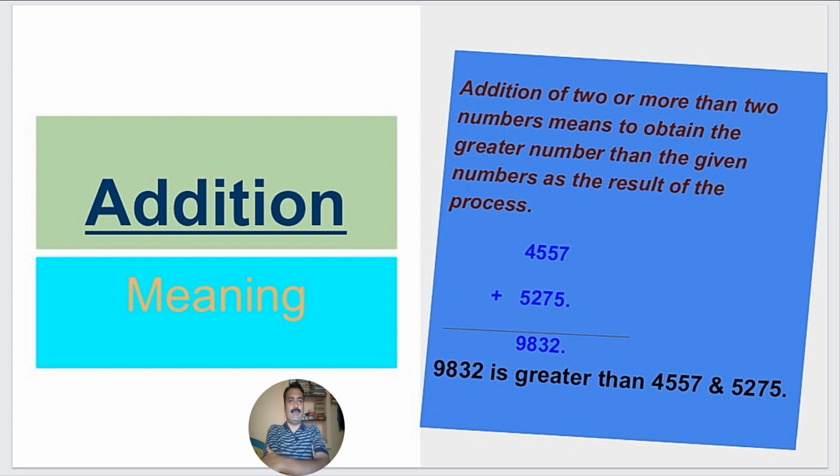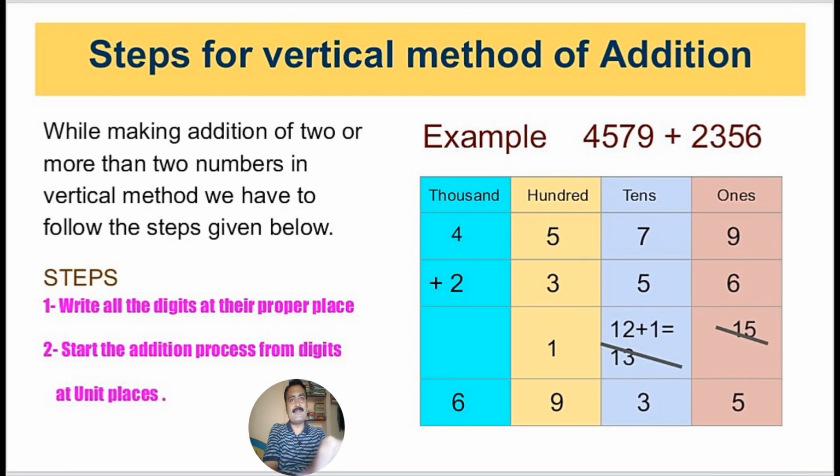Now let's continue how to add two or more than two numbers at a time. The basic steps we are going to follow are on the next slide. So let's continue. The heading for the next slide is steps for the vertical method of addition. You know about the addition process from standard 1.